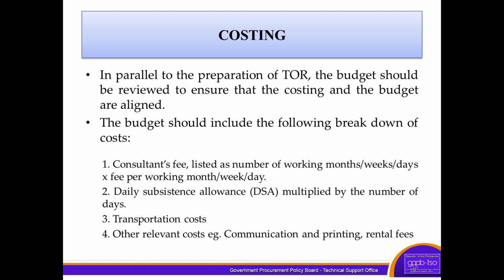Number 1, the consultant's fee, listed as the number of working months, weeks, or days times the fee per working month, week, or day. We also have the daily subsistence allowance multiplied by the number of days. And then the transportation cost, of course, that is part of the operations. And then other relevant costs like communication, printing, and rental fees.